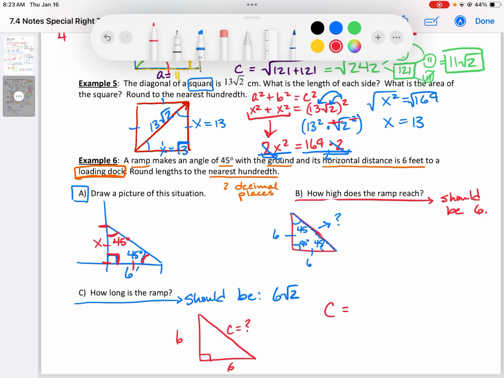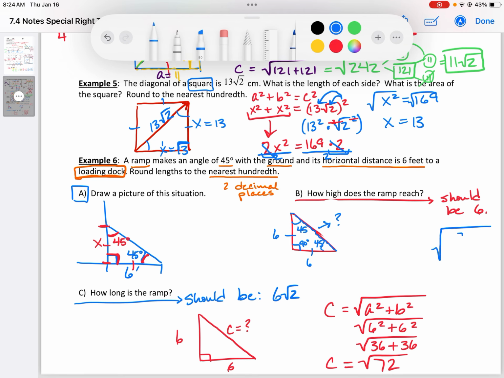And so if I'm solving for C, it's the square root of a squared plus b squared. And in this case, it's the square root of 6 squared plus 6 squared, which is 36 plus 36, which is 72. C equals the square root of 72.